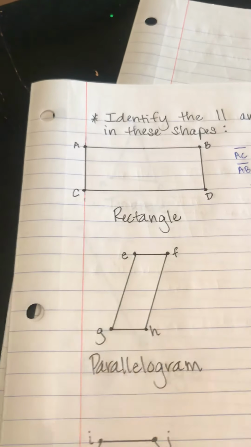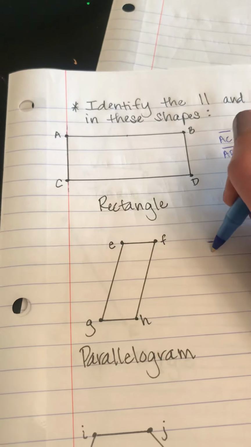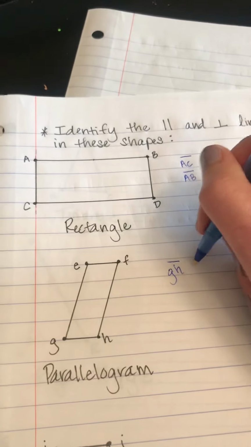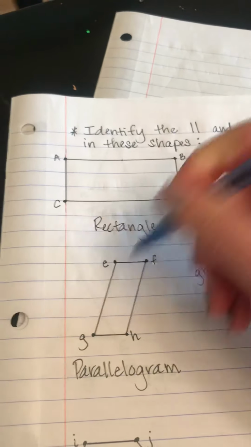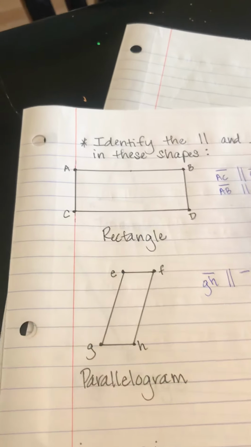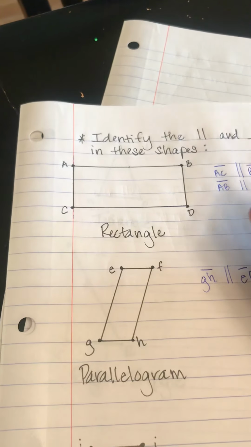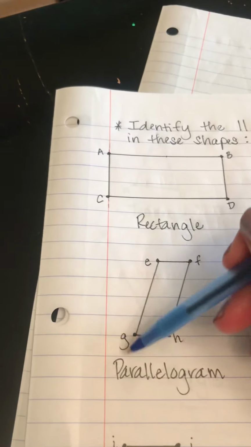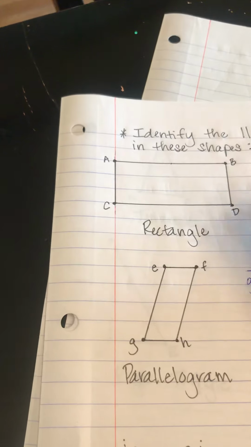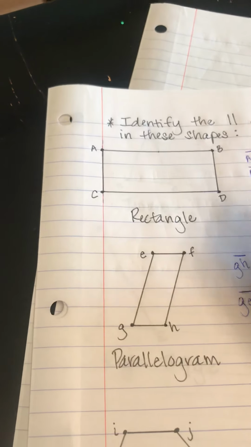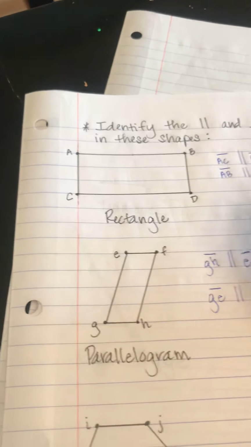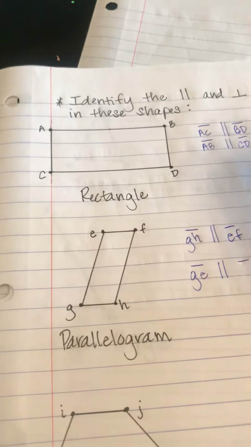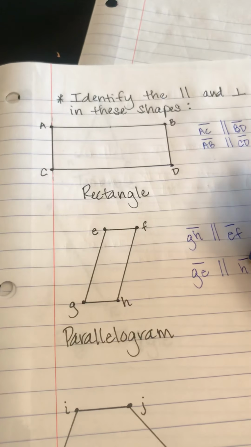Notice that line segment GH is parallel to its match up top here, line segment EF. And then there's another set. Do you see? Line segment GE is parallel to line segment HF or FH, whichever.